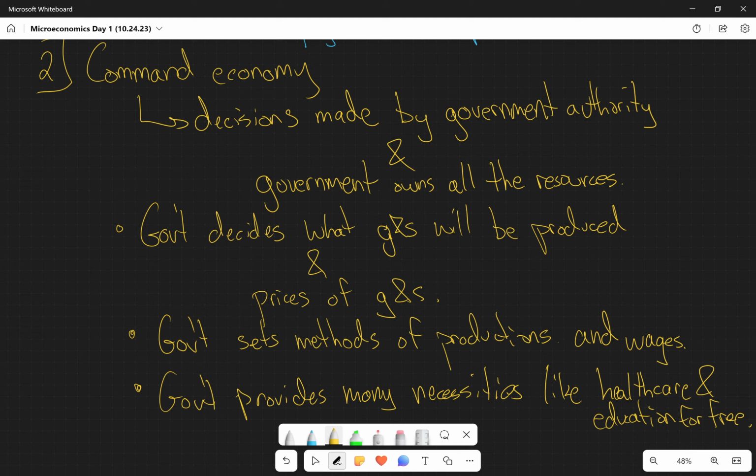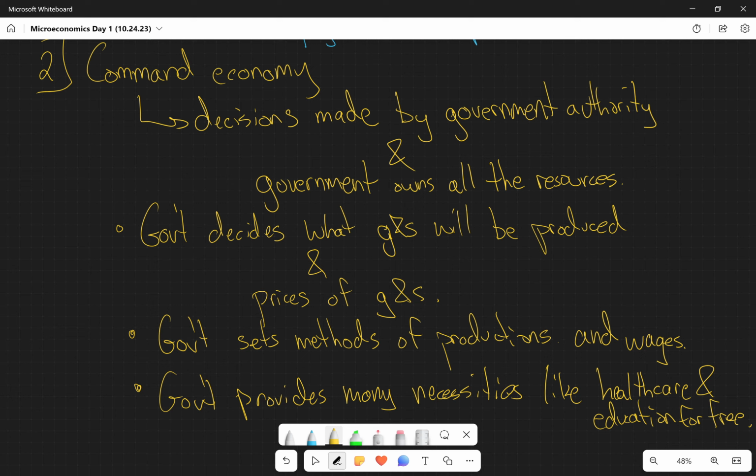And there are varying degrees of command economies. We're going to talk about how all modern economies kind of sit on a continuum between the next type of organization system and command economies.